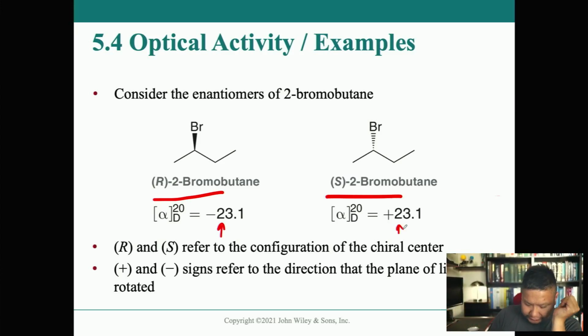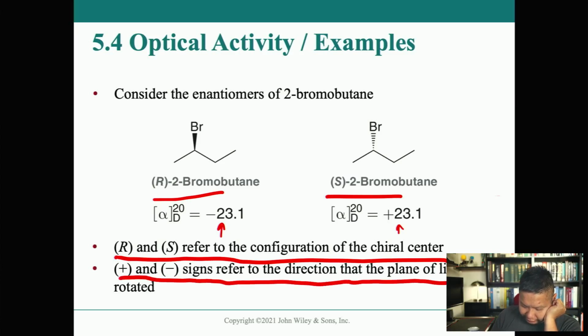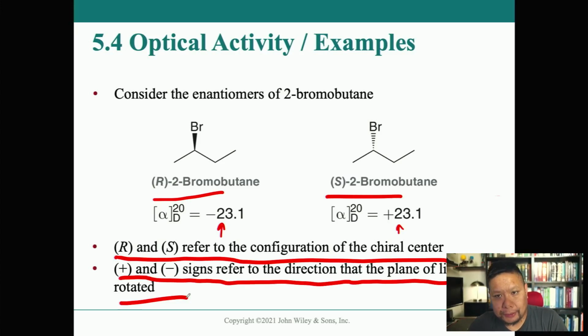Just recall that R and S refer to the configuration of the chiral center, but the plus and minus signs refer to the direction that the plane of light is being rotated. So the point is that the negative and positive don't have anything to do with the R and S.